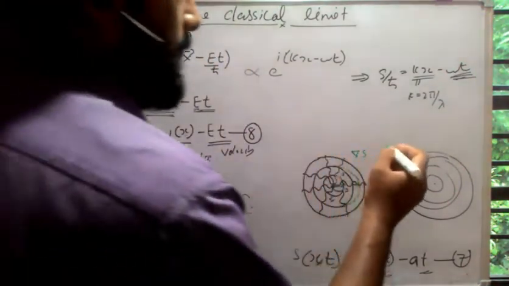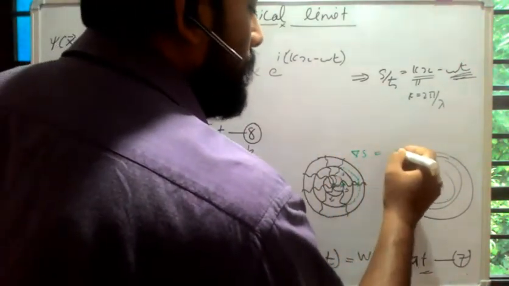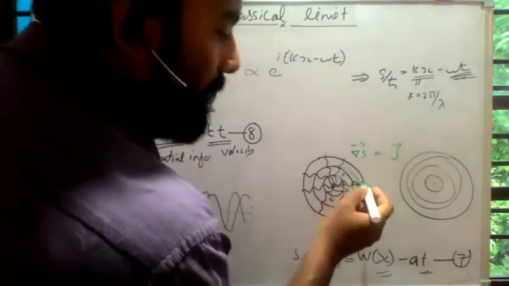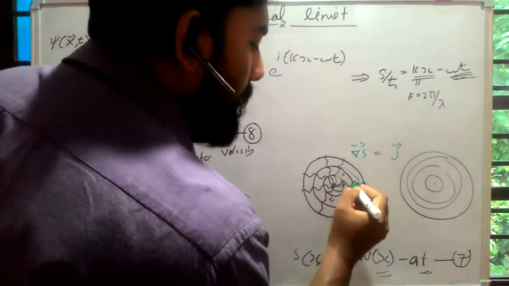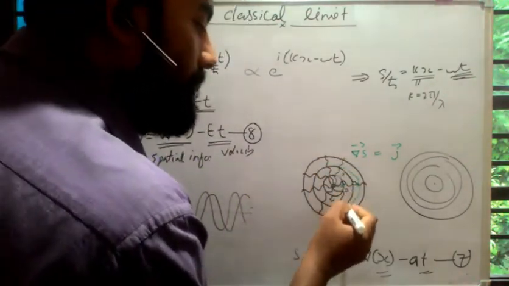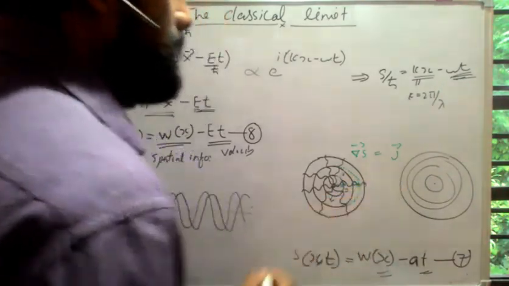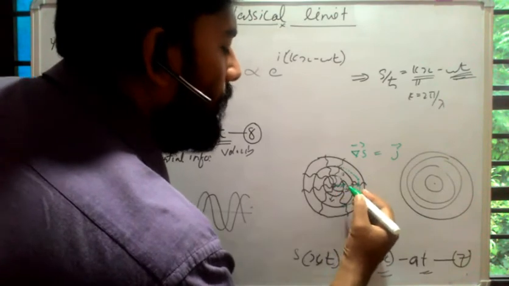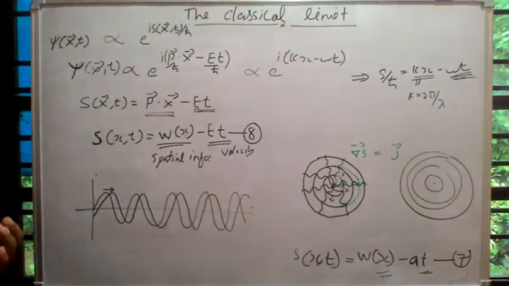This is the direction of probability flux. So if the phase change happens in this direction, perpendicular to this wavefront, we can sense the particle starts to move in that direction.